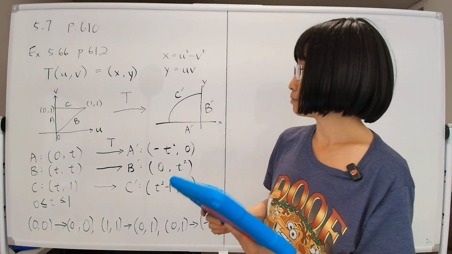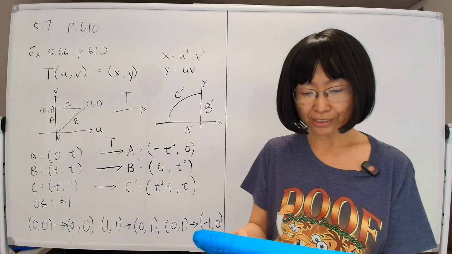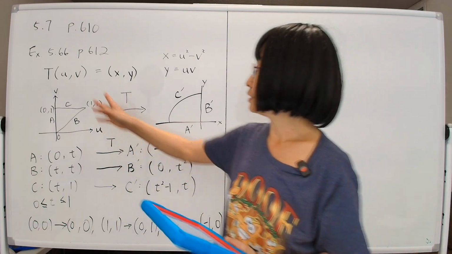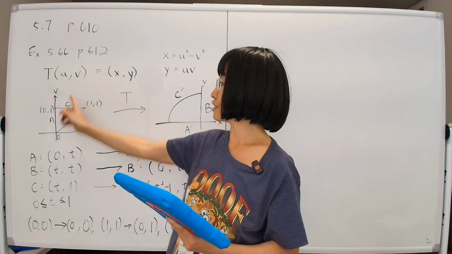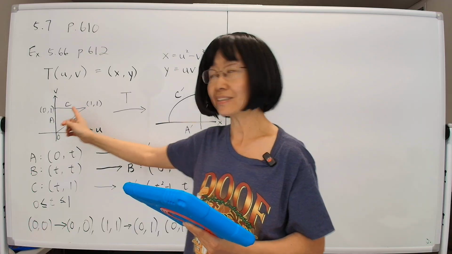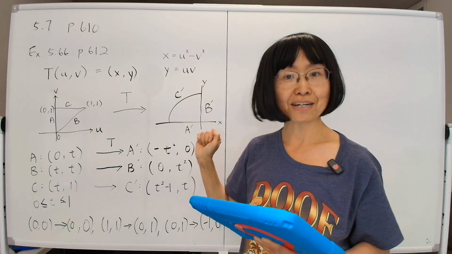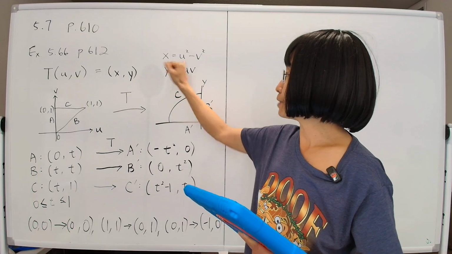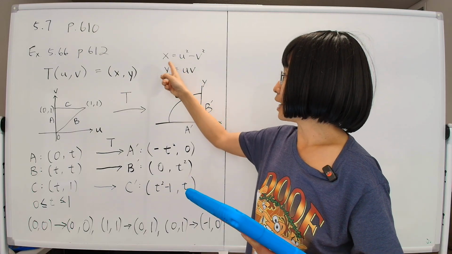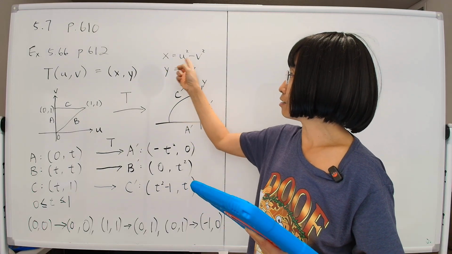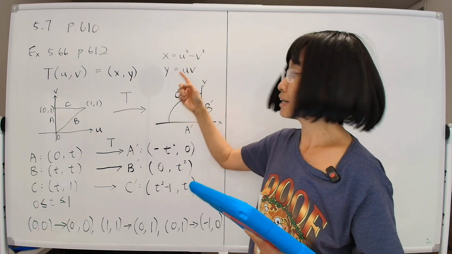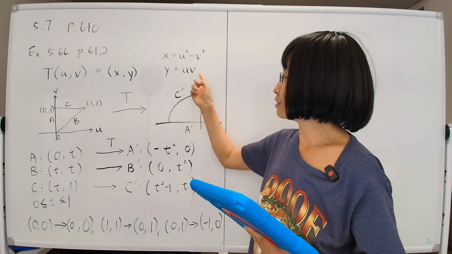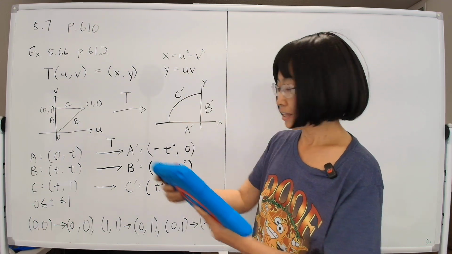Now example 5.66 is a transformation where we have T(u, v). T takes points in the UV region and maps them into the XY region. So T is a transformation, and the rule goes like this. For x, you take the old u and v and do this to it, and for y, you take u and v and multiply them together.